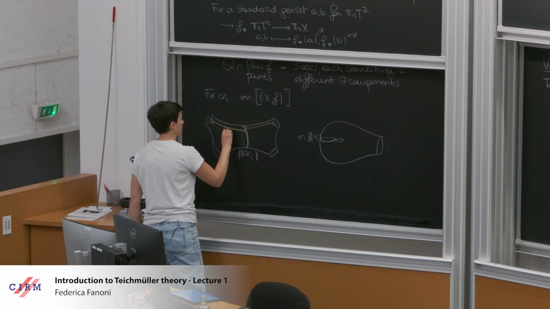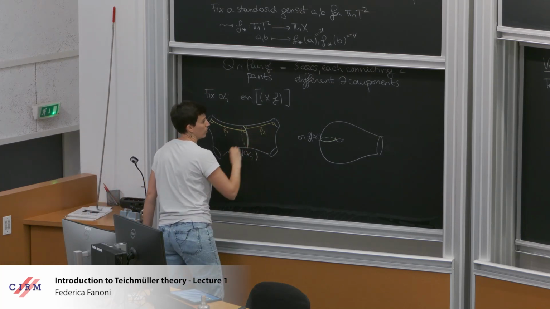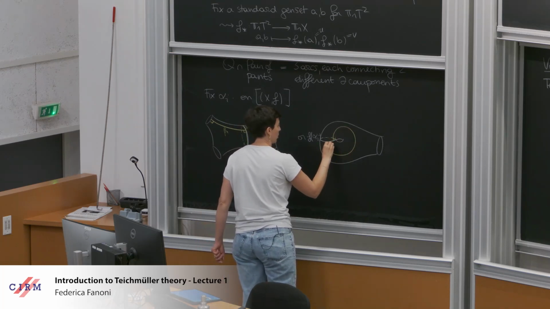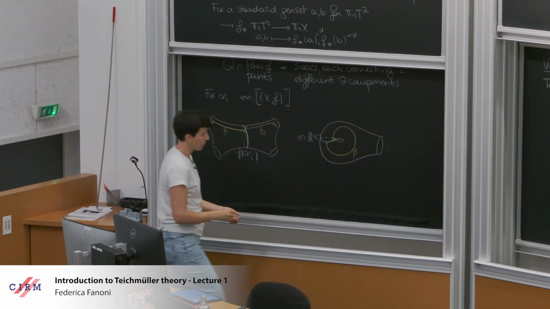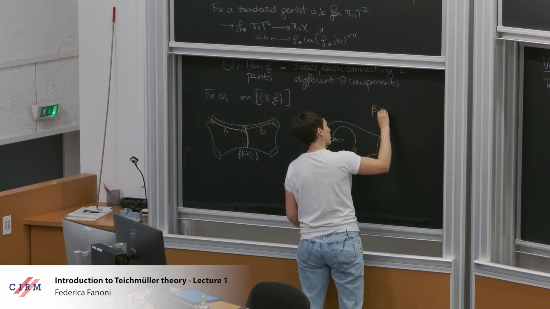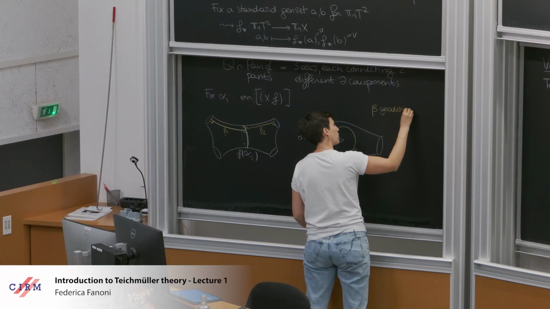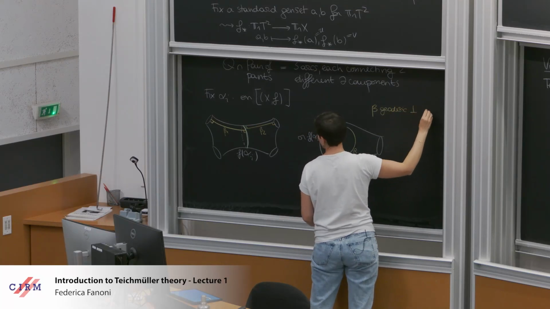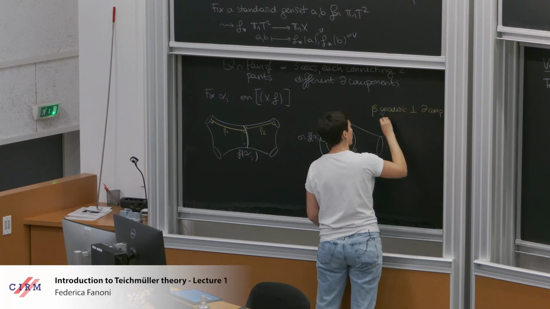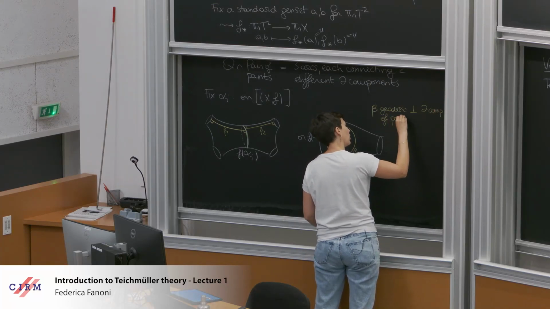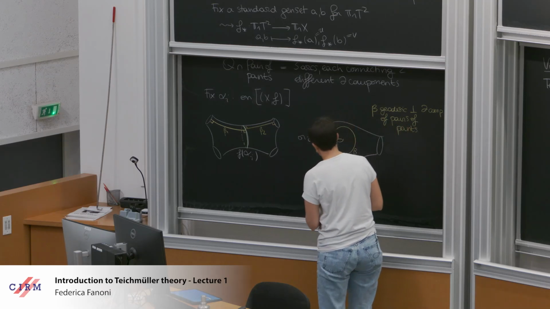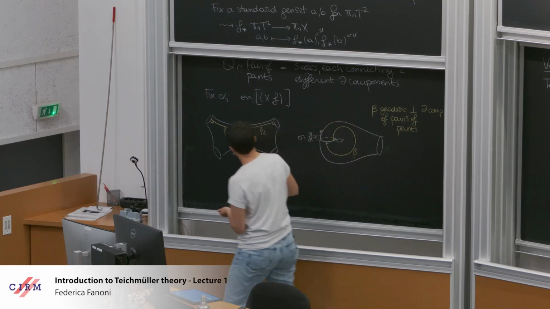So these are beta 1 and beta 2, and otherwise here it might be this. Beta, and this is a geodesic orthogonal to the boundary components of the pairs of pants. Sorry, what I'm not saying here is that all the time I always want to pick the geodesic representatives of everything.